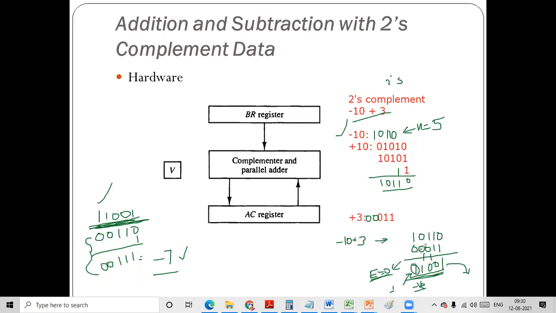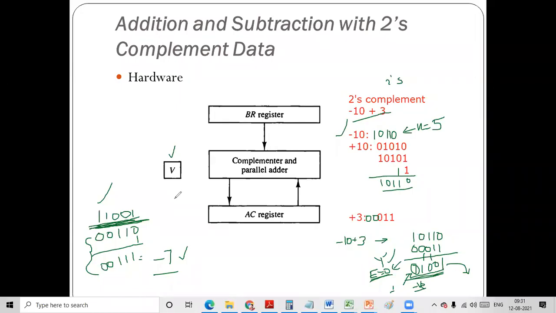While performing the same addition, if you get a carry of 1, we just neglect this carry. That will be occupied in the overflow bit, V bit. So this is a simple addition, how we perform it in 2's complement method. Addition or subtraction is done in the same way.